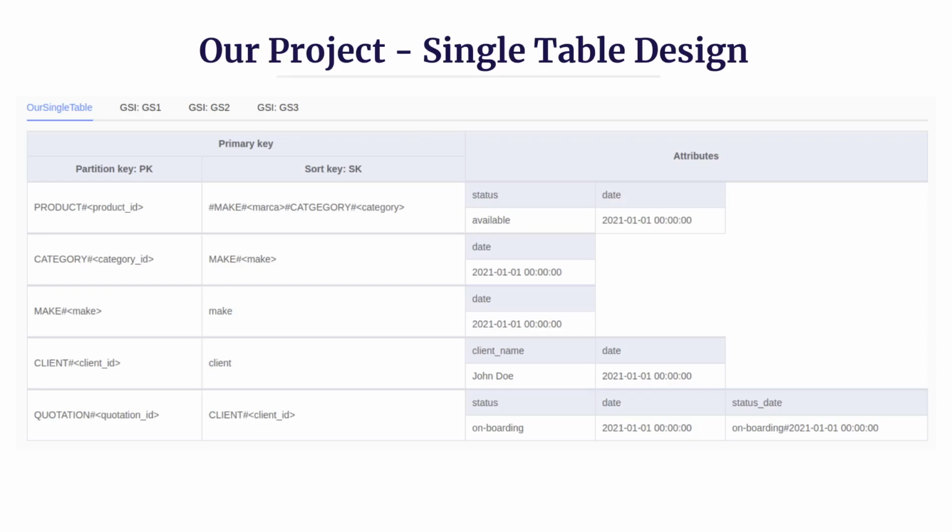So just to make an example, I have come up with this design. We have basically a partition key, and we are also going to be using a sort key.